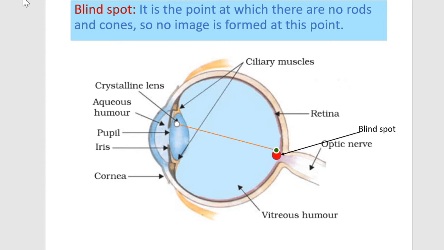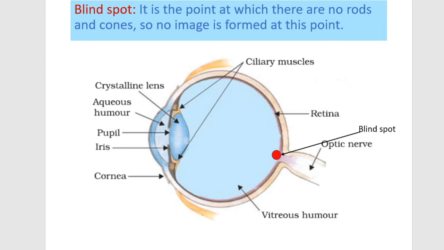Suppose from outside the light rays come here and meet at the blind spot instead of meeting at the retina. What will happen? Nothing is going to happen. There is no image which will be formed here. So if the light rays fall on the retina, that is a normal eye. As far as image formation is concerned, the blind spot has no function.